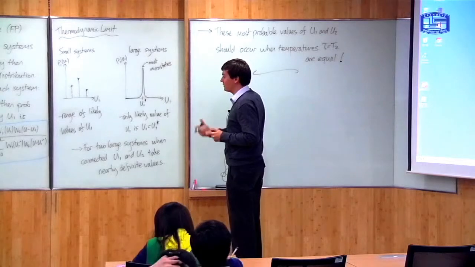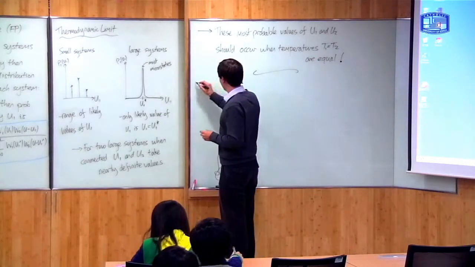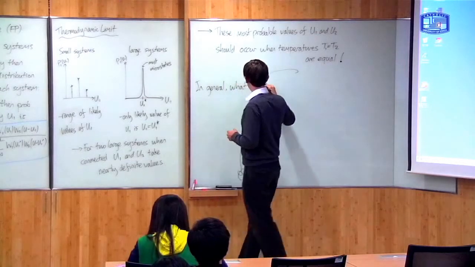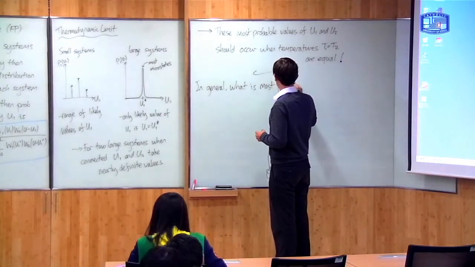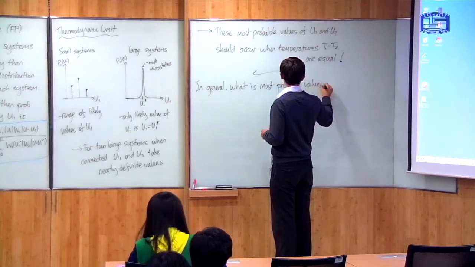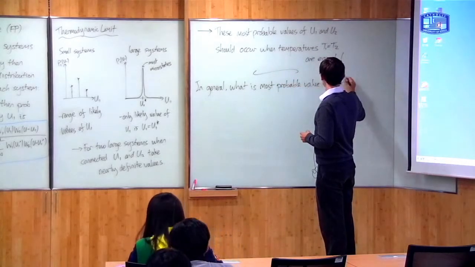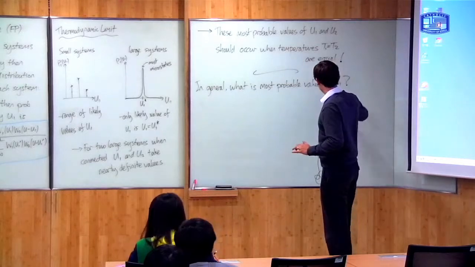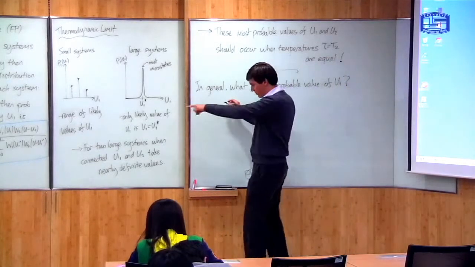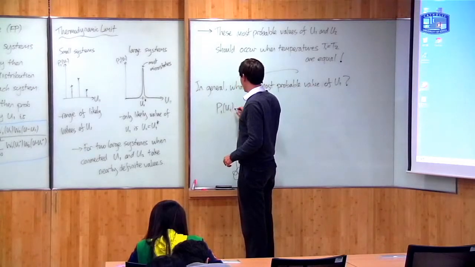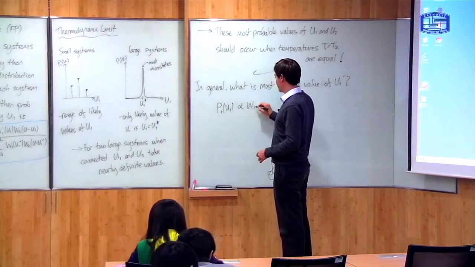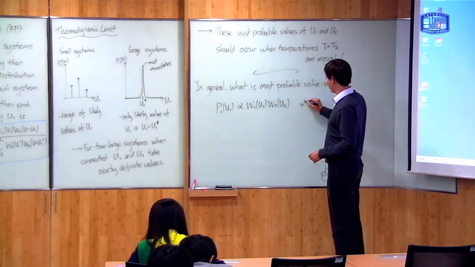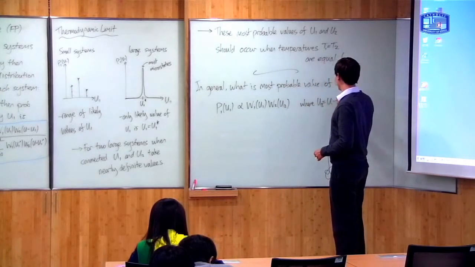So we can find it. What is the most probable value of U1? So in general, what is the most probable value of U1? And this should correspond to the state where the temperatures are equal. Well, from the formula down there, the probability of U1 is proportional to the number of microstates of U1 times the number of microstates of U2, where U2 is just U minus U1.